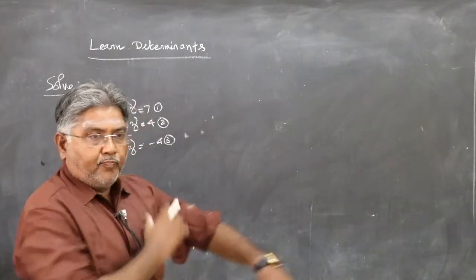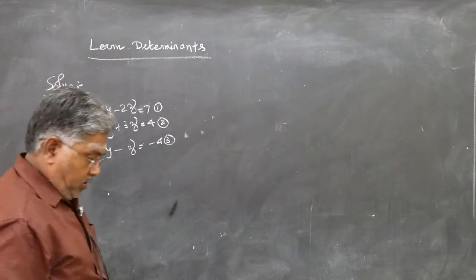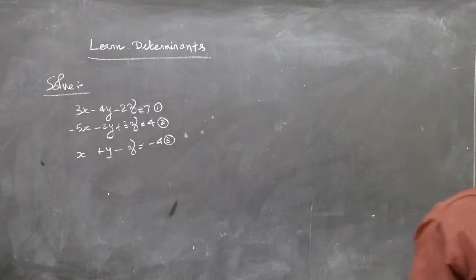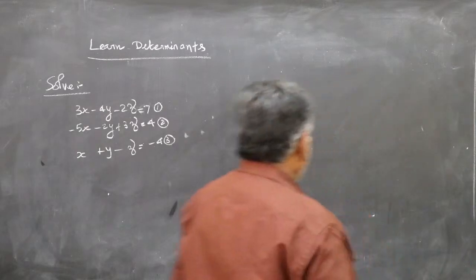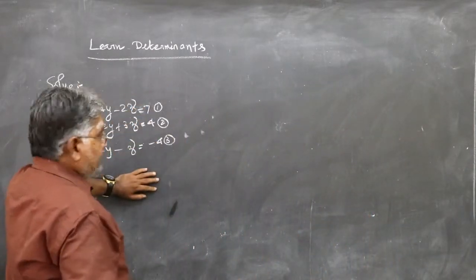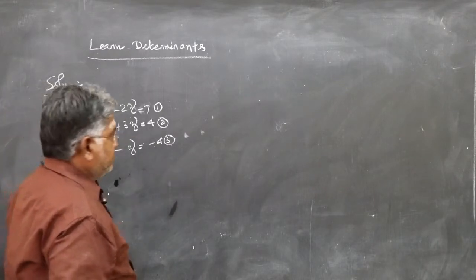You take this system of equations, 3 linear equations in 3 unknowns. You have to solve for x, y and z using Cramer's rule. So these are all d1, d2, d3. A1, B1, C1 like that.